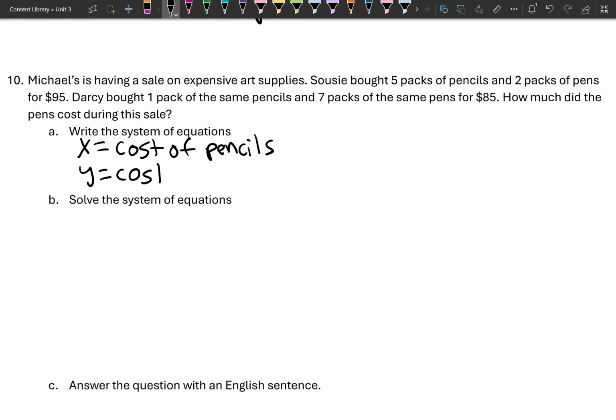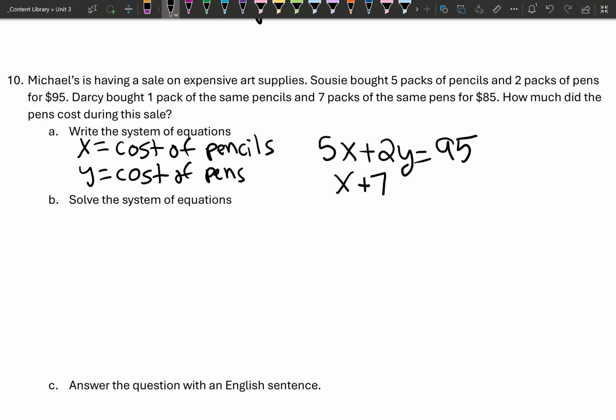Y is cost of pens. Susie, 5 pencils, 2 pens for $95. And Darcy bought 1 pack of pencils, 7 of pens for $85. I'm going to rewrite it here.